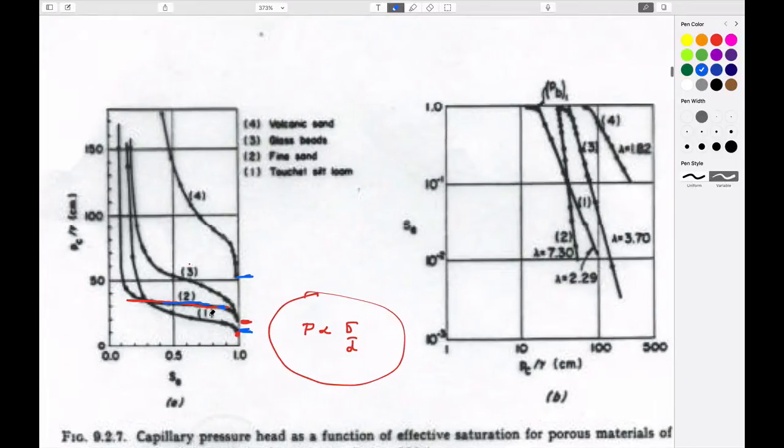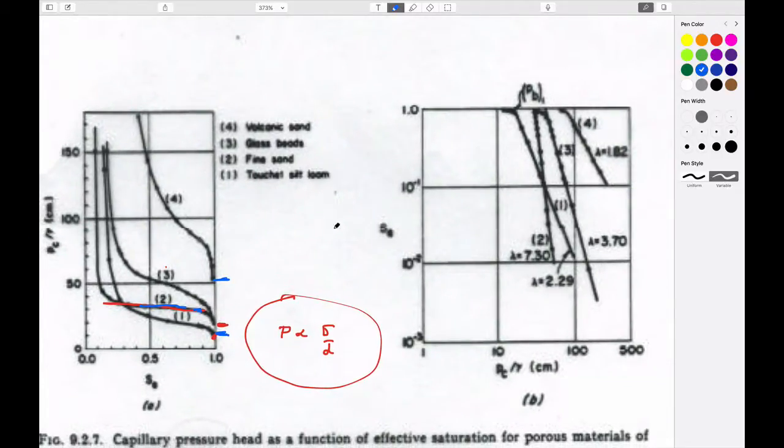We could do the same thought experiment with this new plot that we have, because the data on this figure are plotted as log capillary pressure over unit weight, and you can't see this very well, but this is log effective saturation.